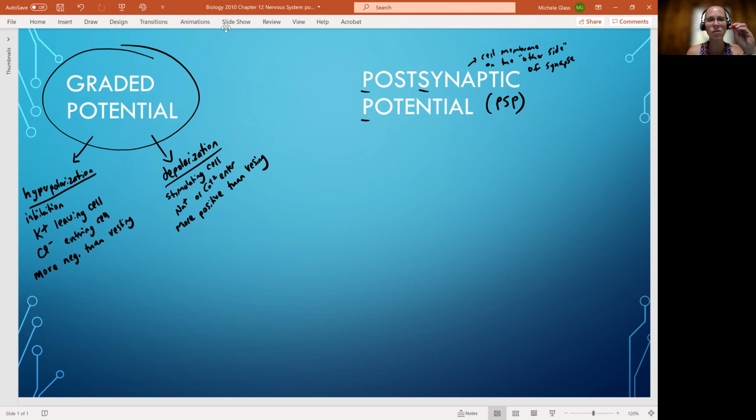So you have the cell, and it's got the synaptic knob, and then on the other side of that you have the axon hillock or the dendrite. So the postsynaptic cell is the cell that's on the other side of the synaptic cleft. In the case of our chapter 10, it was the skeletal muscle fiber. That's what we're talking about here with postsynaptic potential.